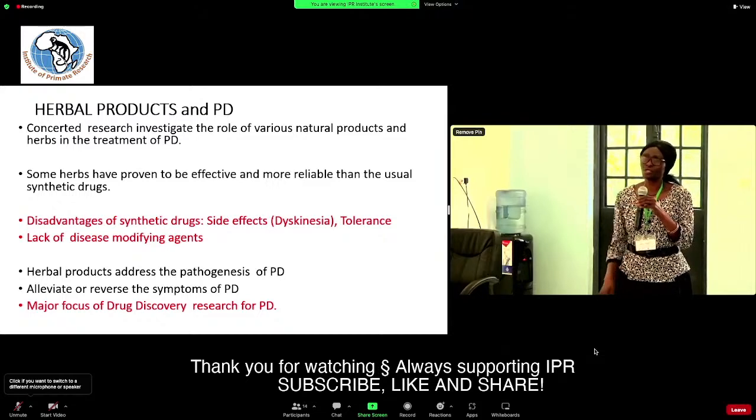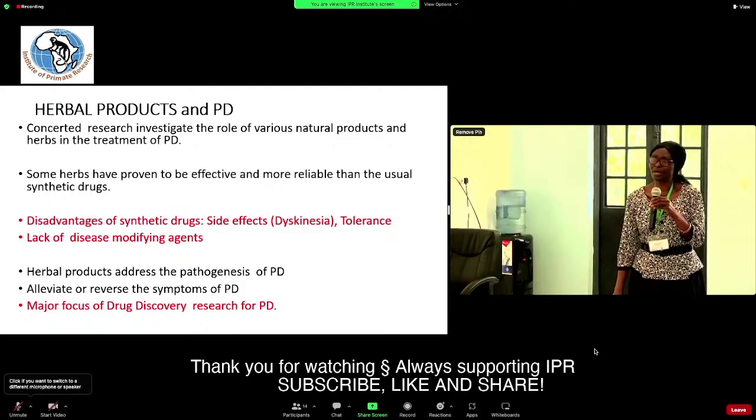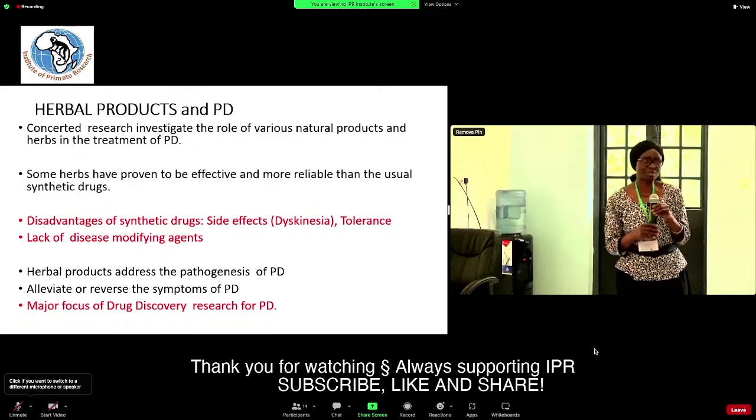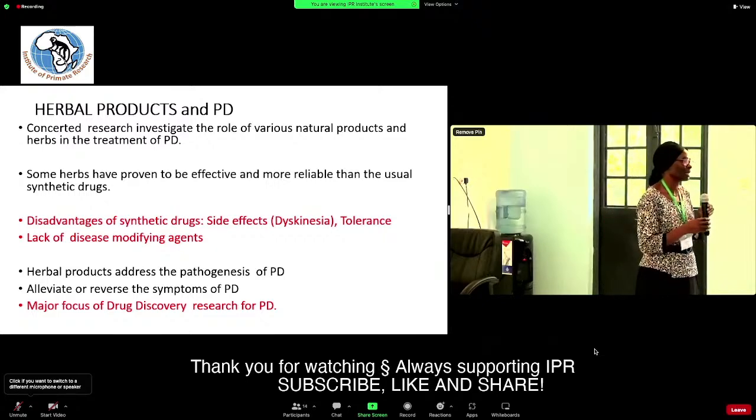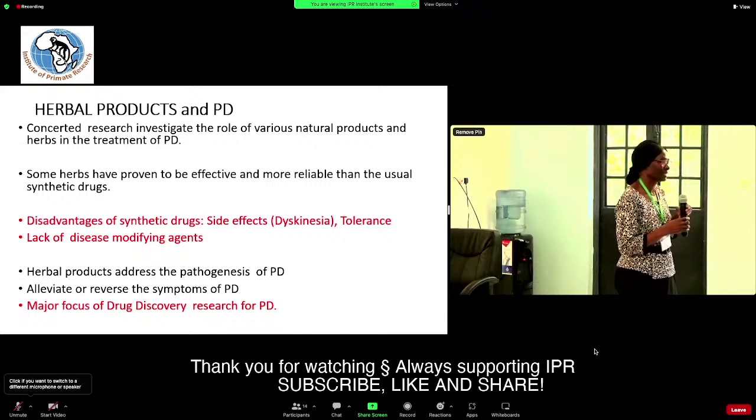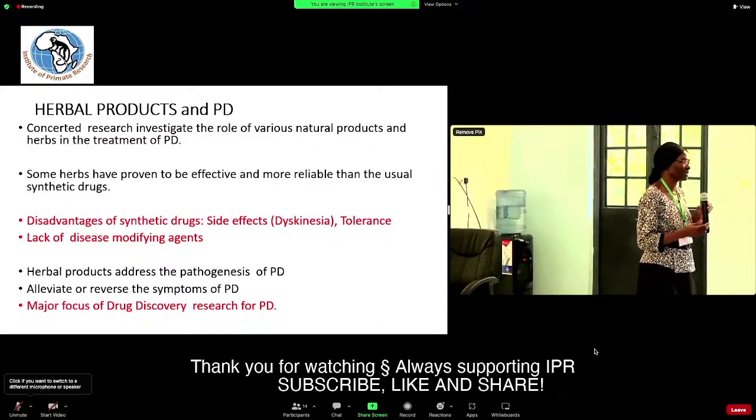There's concerted research being carried out to investigate the role of natural products in Parkinson's disease, and this is because the conventional therapies have their disadvantages, and therefore we're always looking for better medicines.